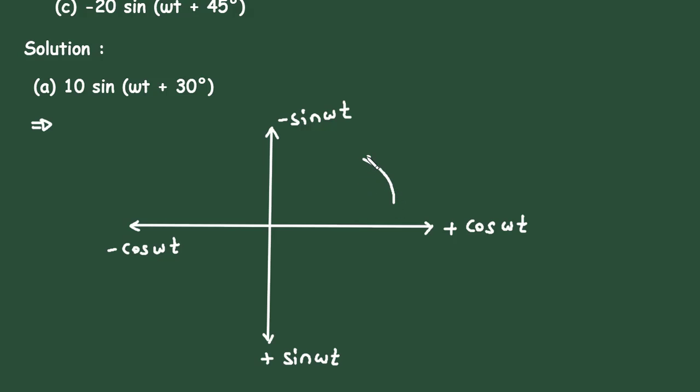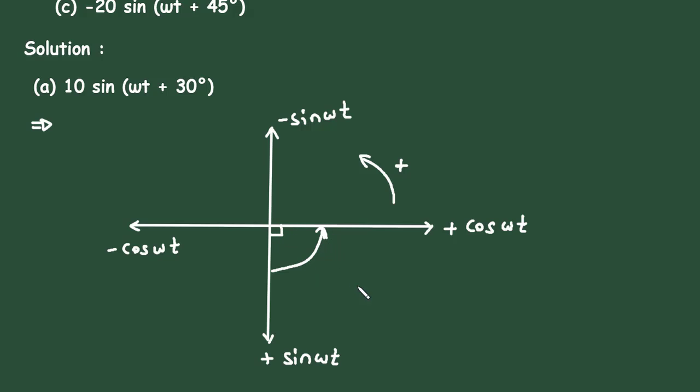Remember that if it goes in this side, it will be positive. So now let's say we are moving from here to here. Here we can see the angle difference is 90 degree.